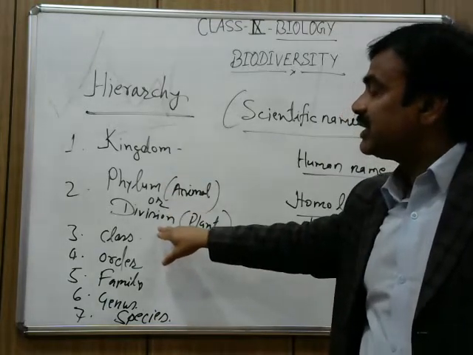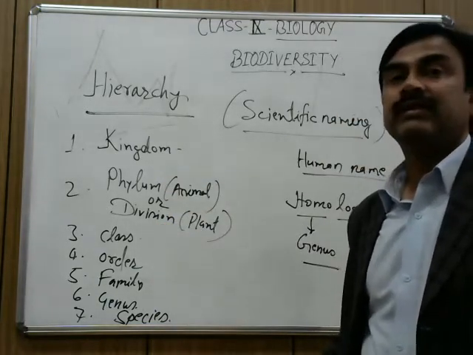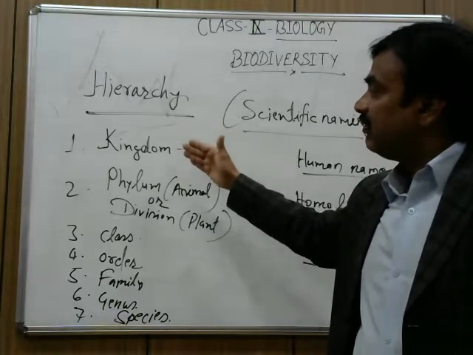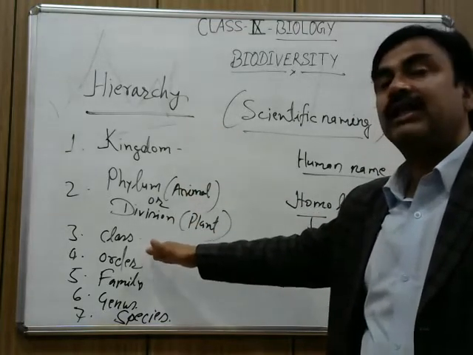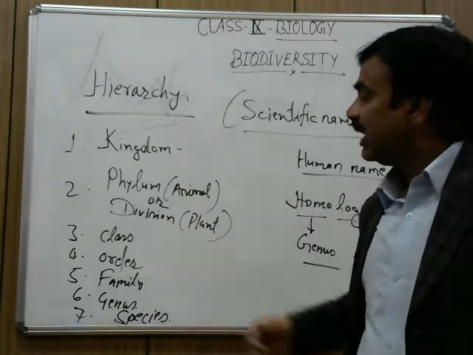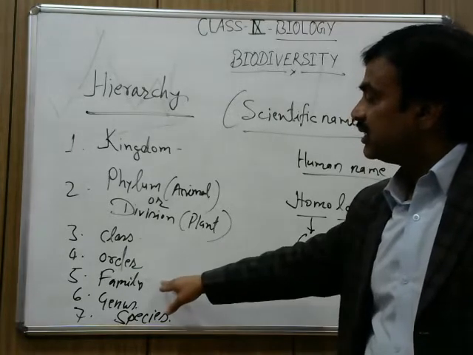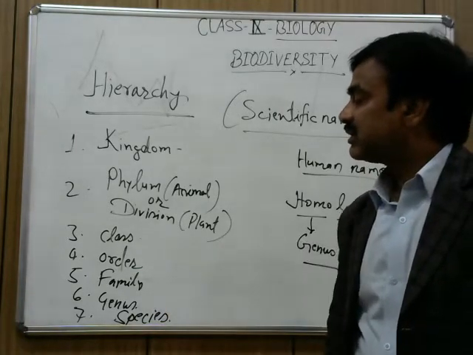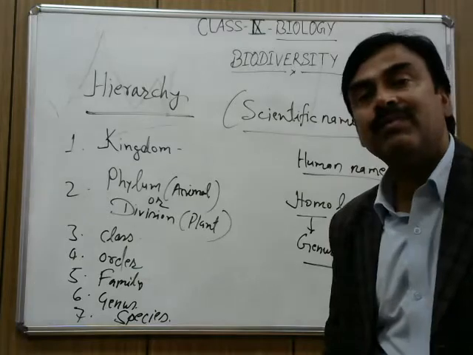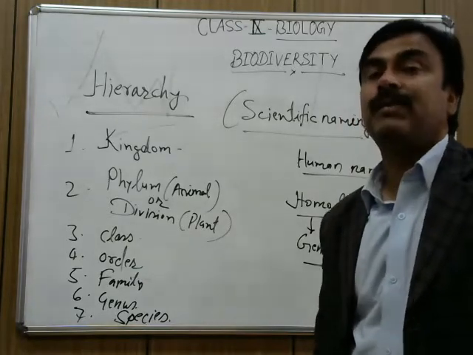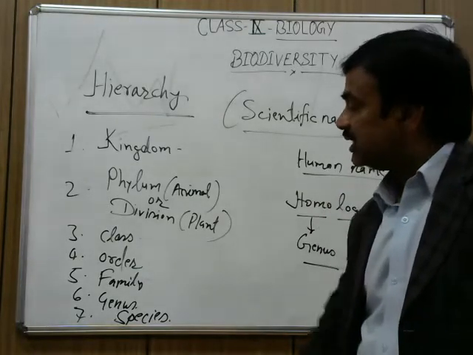The third one is which class it belongs to. So kingdom, phylum, class, order, then which family it belongs to, and after that the sixth in the hierarchy is the genus name, which always begins with a capital letter, and the last one is the species name.